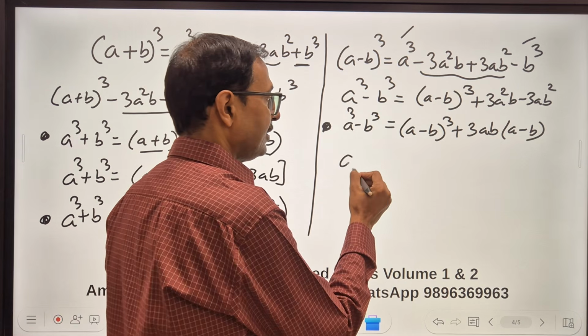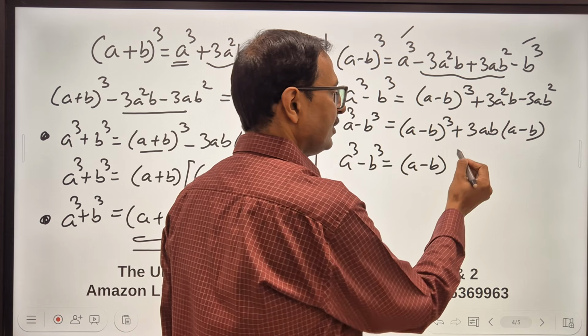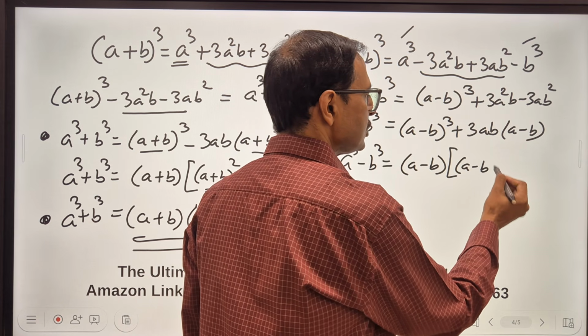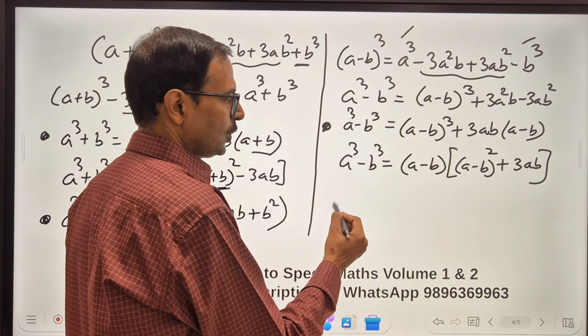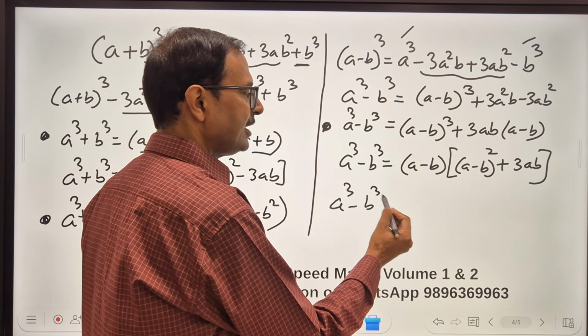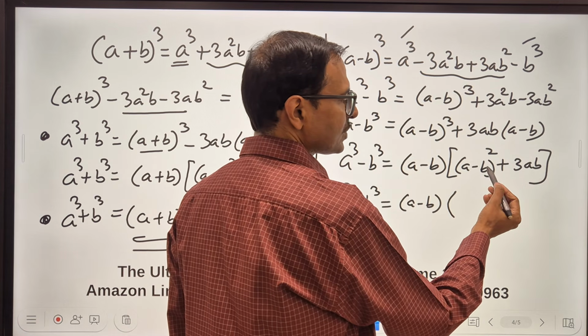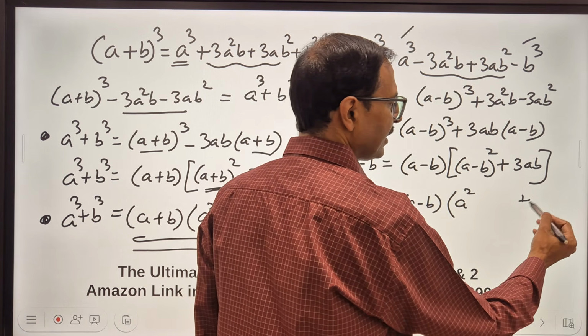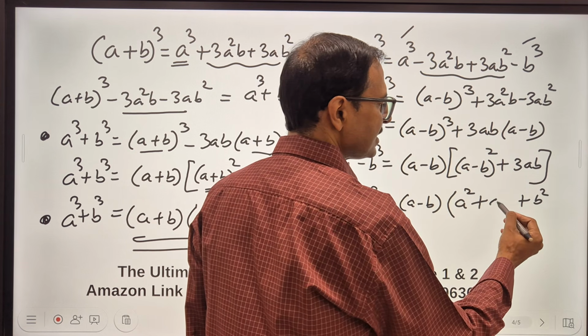Now I can actually extend it and take a minus b as a common factor, which gives me a minus b whole square plus 3ab in the bracket, right? So what will be my next derived identity? A minus b, and if I open this, a square plus b square will be there, and we will have minus 2ab plus 3ab, which is plus ab.